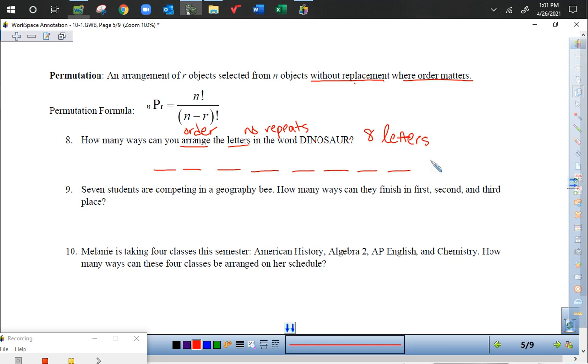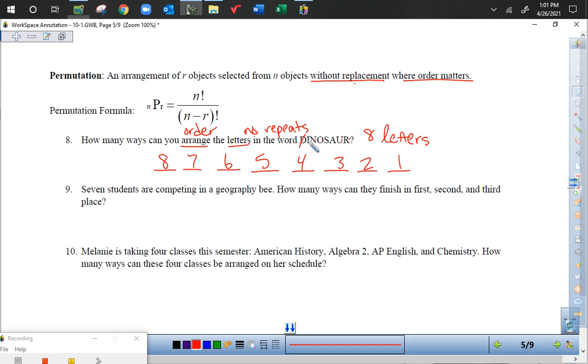We want to choose the first letter, and the first letter we have 8 options from. But because no repeats are allowed, suppose I chose a D, that means it's no longer available for my second choice. So I wouldn't have 8 for the next one, I'd only have 7. And that pattern continues for the next selection. I have 6, and then 5, 4, 3, 2, and 1.